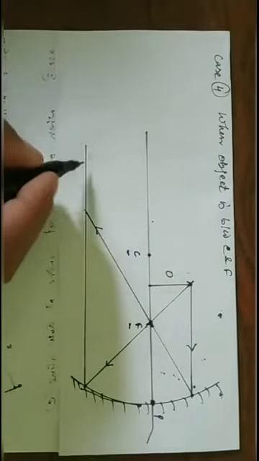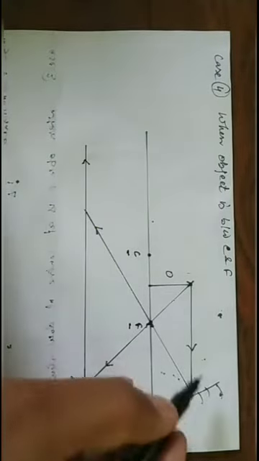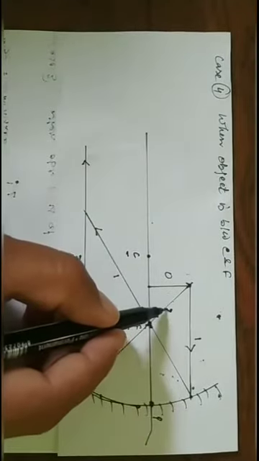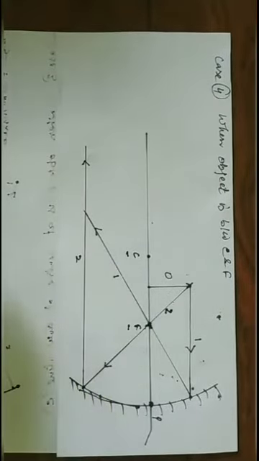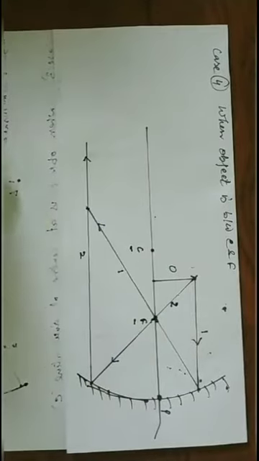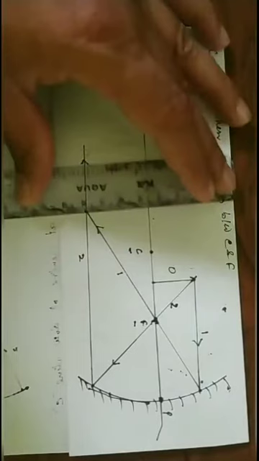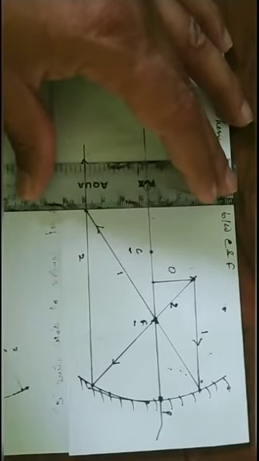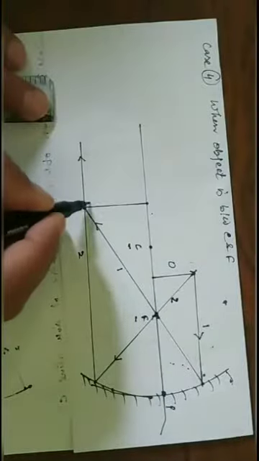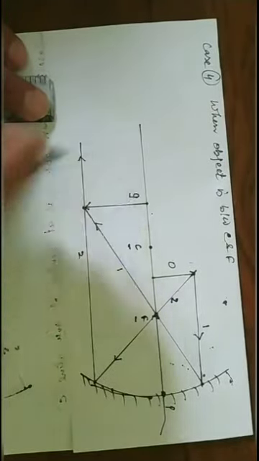So this is our reflected ray. This is our first incident ray, this is your first reflected ray, this is your second incident ray, and this is your second reflected ray. Where they meet, they are meeting at this point, and there, that is the image. So I draw a vertical line from the principal axis, and it is an image. So this is our image I.